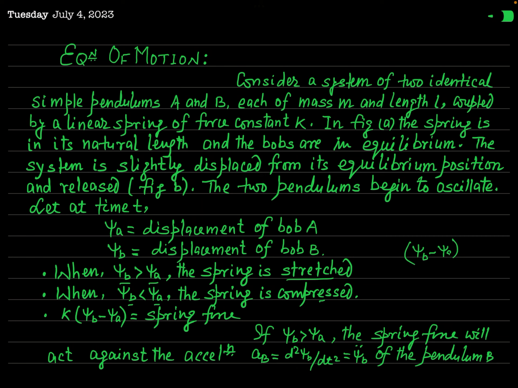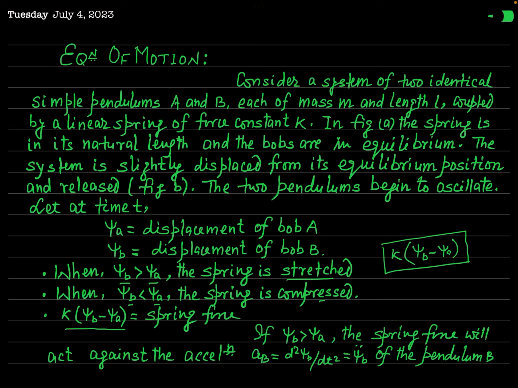When you multiply this elongation or compression by the spring constant K, you get the spring force. So the tension developed in the spring, or the spring force, will be given by K times (psi b minus psi a).